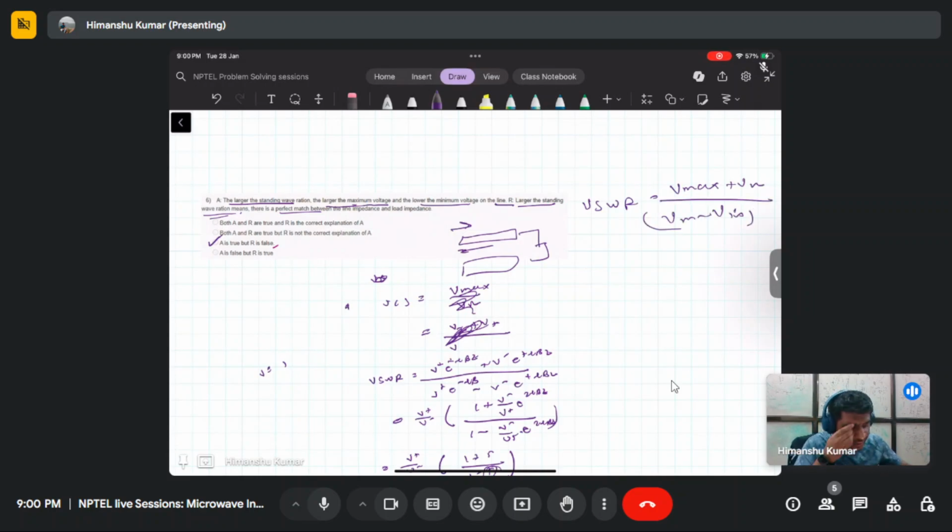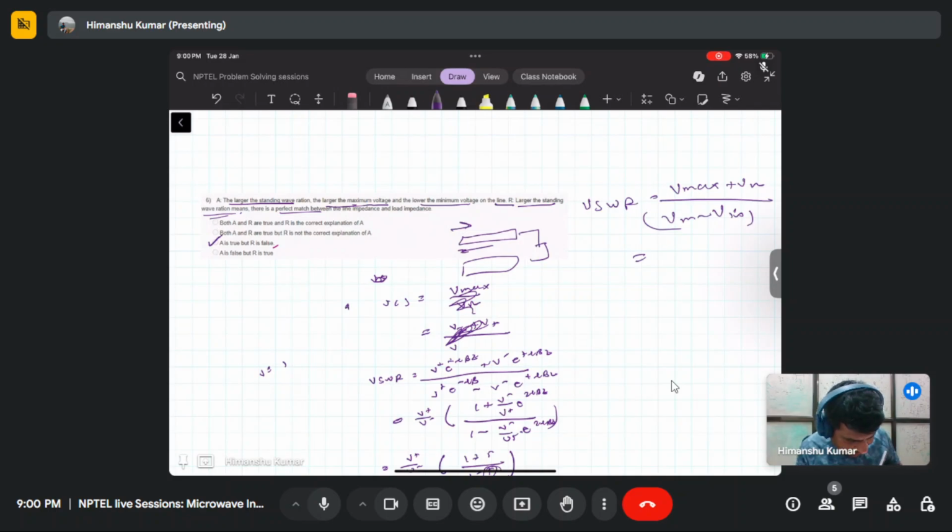So if you take Vmin as constant, the larger the VSWR, Vmin is very low and Vmax is high. The first statement says larger the standing wave ratio, larger the maximum voltage and lower the minimum voltage.